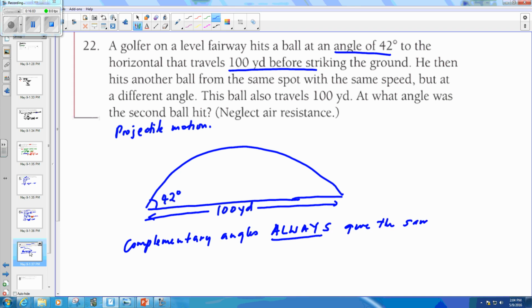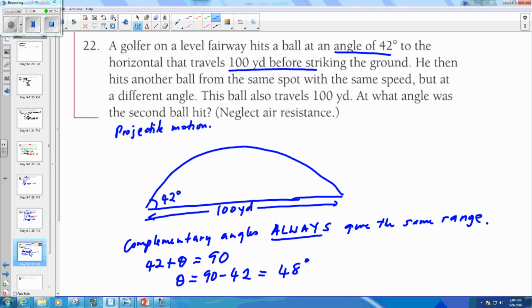So what's a complementary angle? Are two angles that will add up to 90 degrees. So I know this, that if I take 42 plus some angle, I should get 90 degrees. What angle can I add to 42 to get 90 degrees? Well, if I do the math, the angle is 90 minus 42, and it ends up to be 48 degrees. And that's it. Okay, last question.